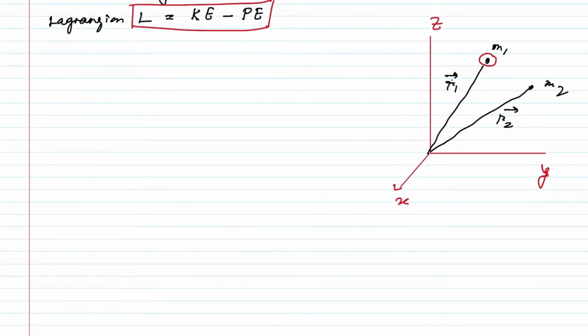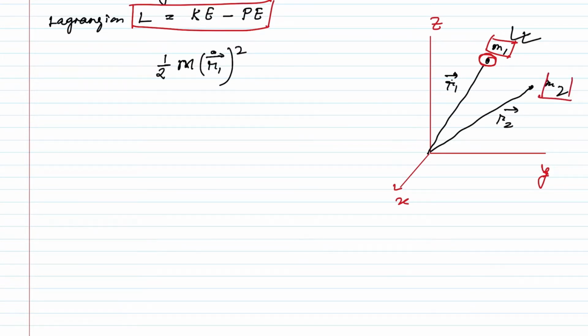The kinetic energy of the first particle m1 will be given by half m1 times the square of its velocity. Velocity is the rate of change of its position, that is r1 dot, squared. This is the kinetic energy of m1.